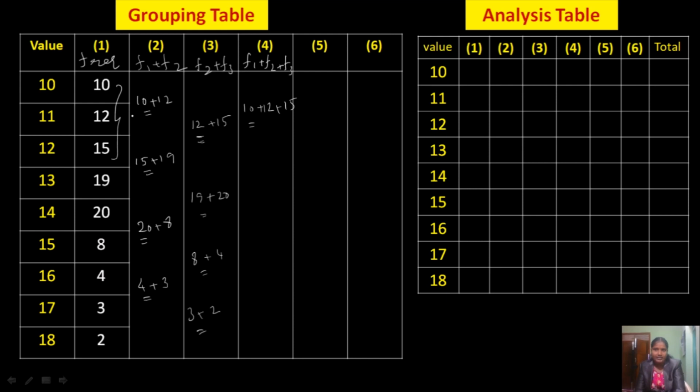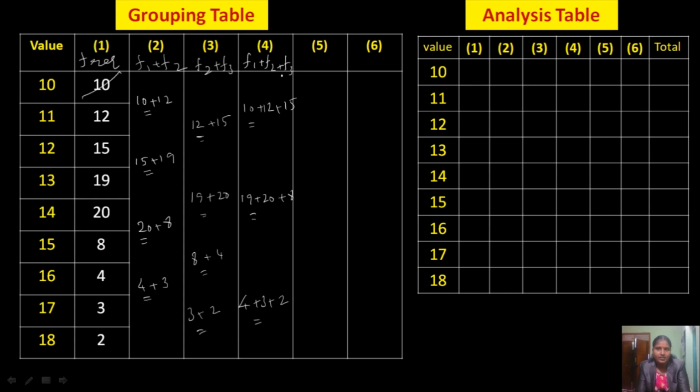So we write the value in the center of 12. Next, add 19 plus 20 plus 8. Then 4 plus 3 plus 2.